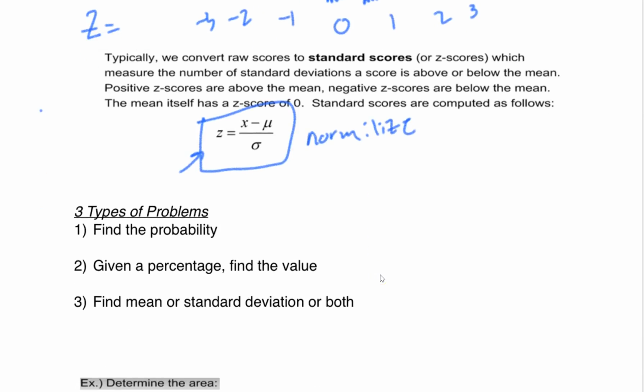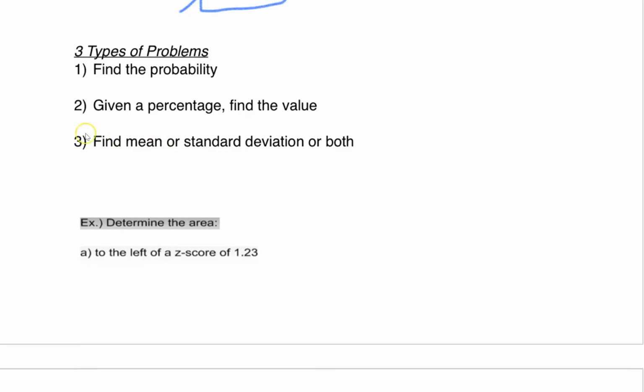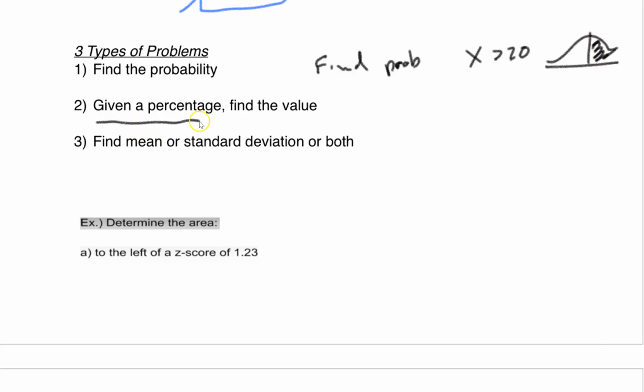Now when we talk about normal, there's generally 3 types of problems. One is to find the probability. So I'm going to say something like find the probability that you're greater than, I don't know, 20, right? And then you plug it into your calculator. It helps if you shade it, and you find it. The next one is I give you a percentage, and you have to find the value.